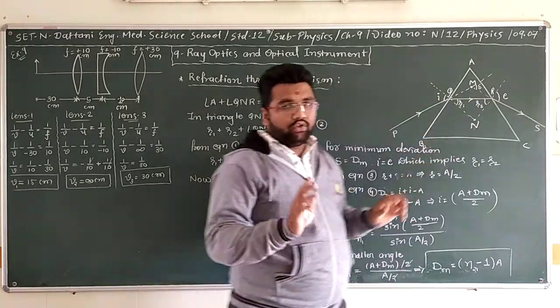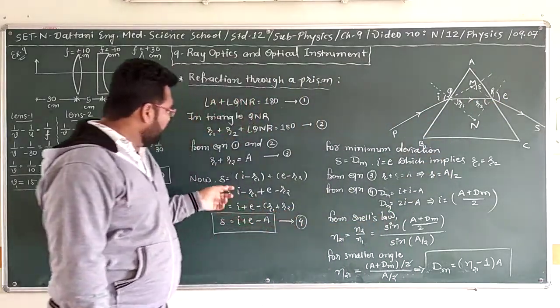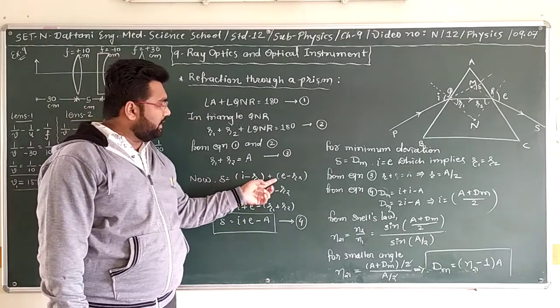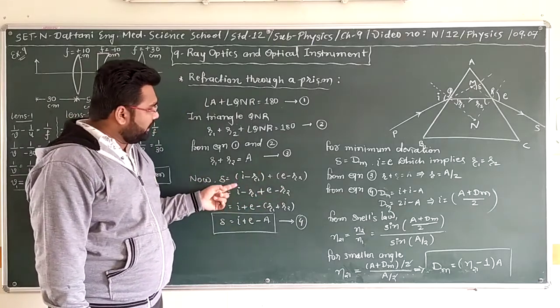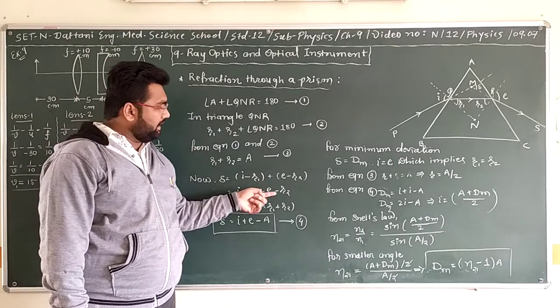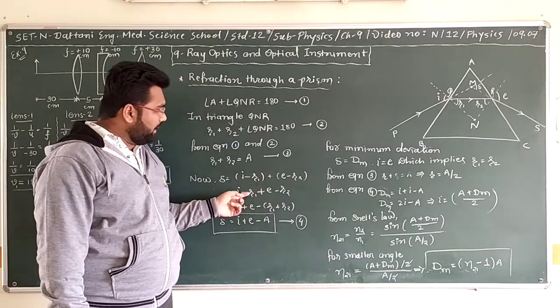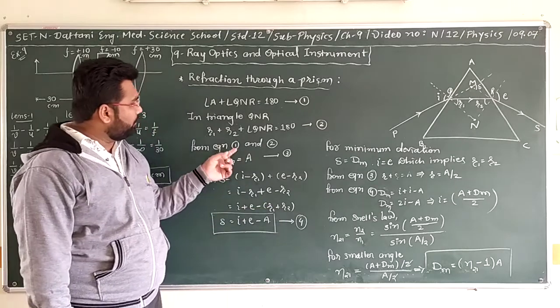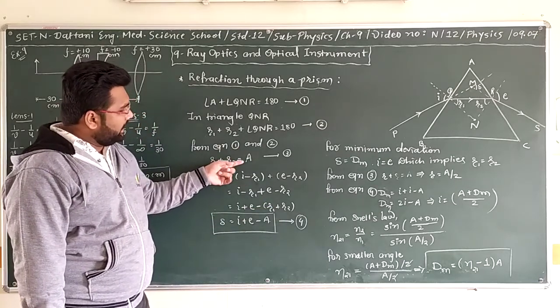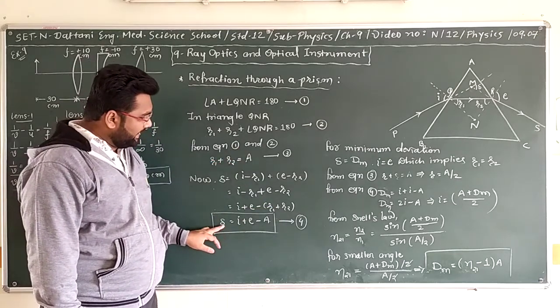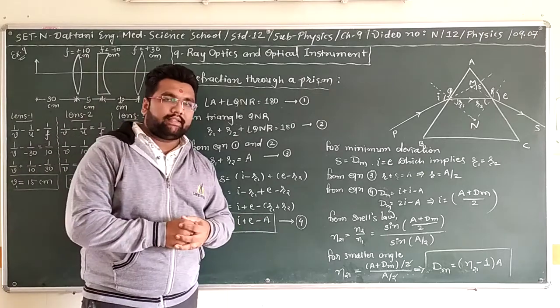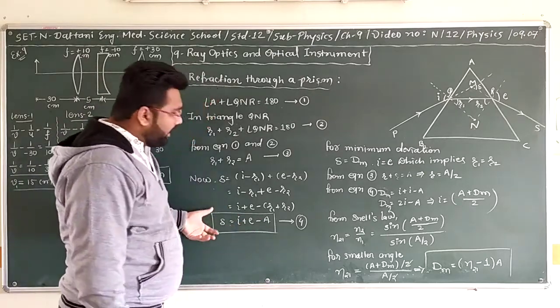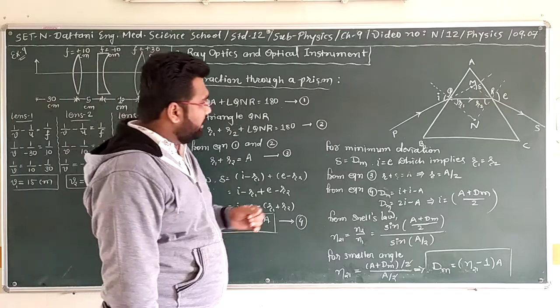So we have the summation: I minus R1 plus E minus R2. Minus will be common from R1 and R2, and we get the value of R1 plus R2 from equation number 3, and that is A. So we got delta equal to I plus E minus A. That is the total deviation of our ray.